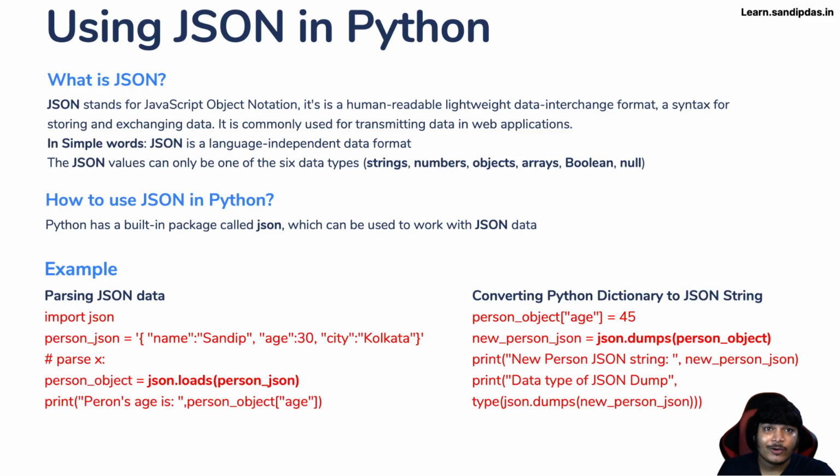An important thing to note is that JSON values can only be one of six data types: string, number, object, array, boolean, or null. Let me show you an example.